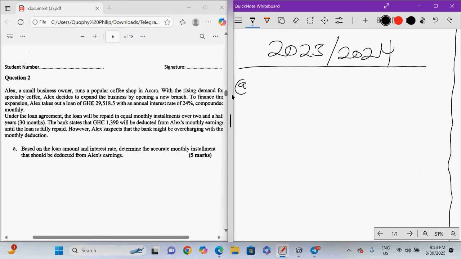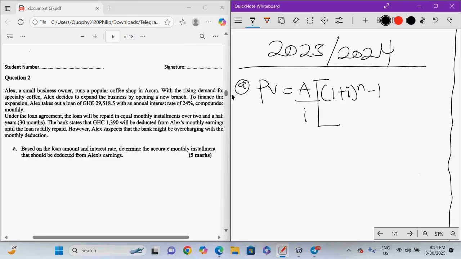So the present value is given by the equal payment over I, times 1 plus I to the n minus 1, all over 1 plus I to the n, then include the bracket.